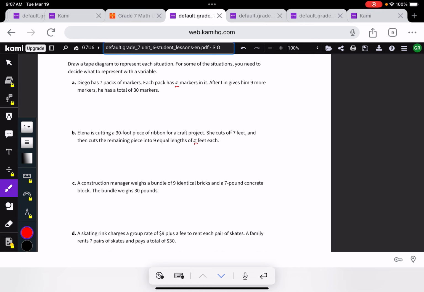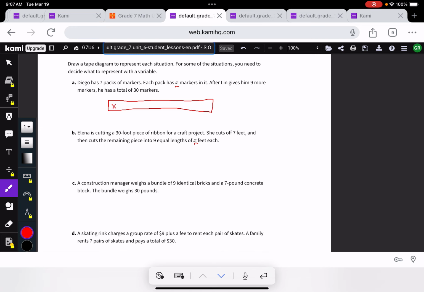So it says Diego has 7 packs of markers. Each pack has X markers in it. After Lynn gives him 9 more markers, he has a total of 30. So there's my tape diagram. 7 packs of markers with X markers in it.